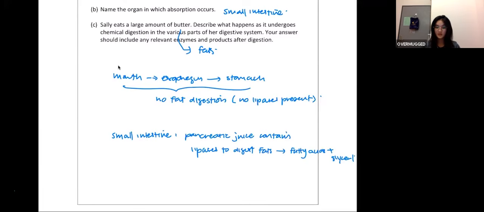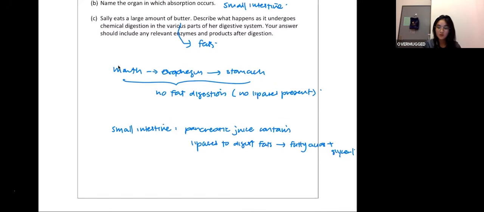So you tell me that in the small intestine there is fat digestion because there's lipase in pancreatic juice to digest the fats into fatty acids and glycerol. All right, so the end products of fat digestion, your fatty acids and glycerol, will be absorbed into your bloodstream.